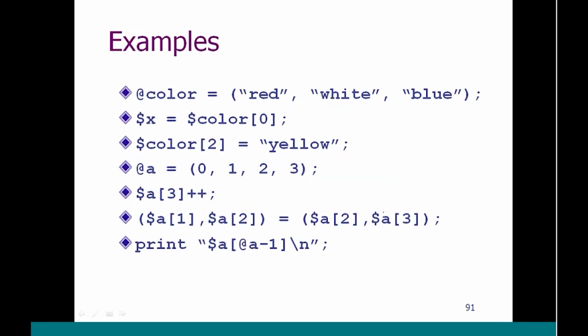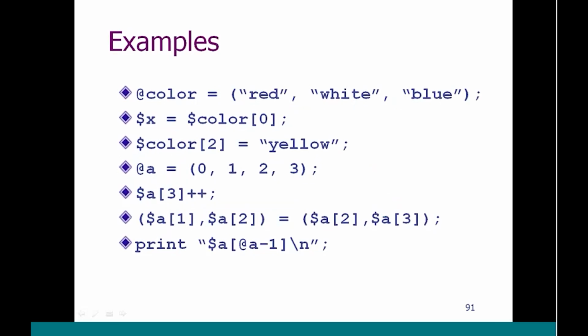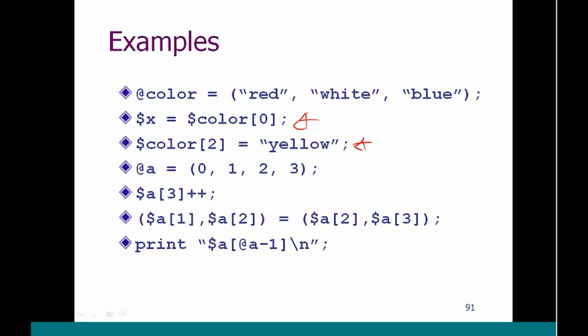Now there are some examples. The ampersand color is red, white, and blue, and $x is dollar color 0. So you can see what this has, and now dollar color 2 is changed to yellow. Here there are some more ways of accessing the array.